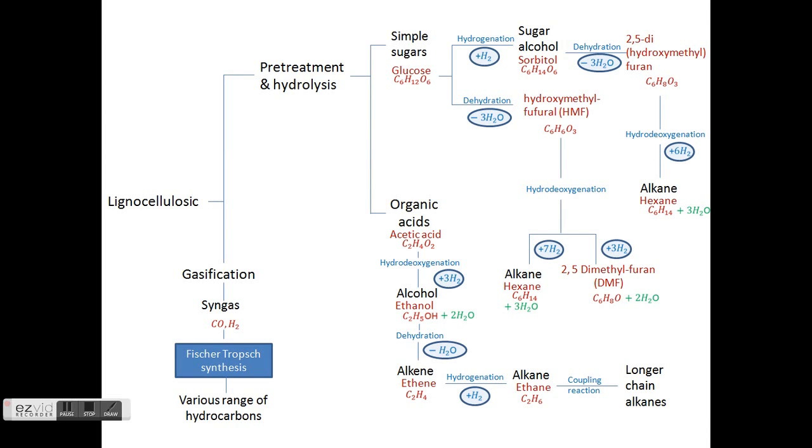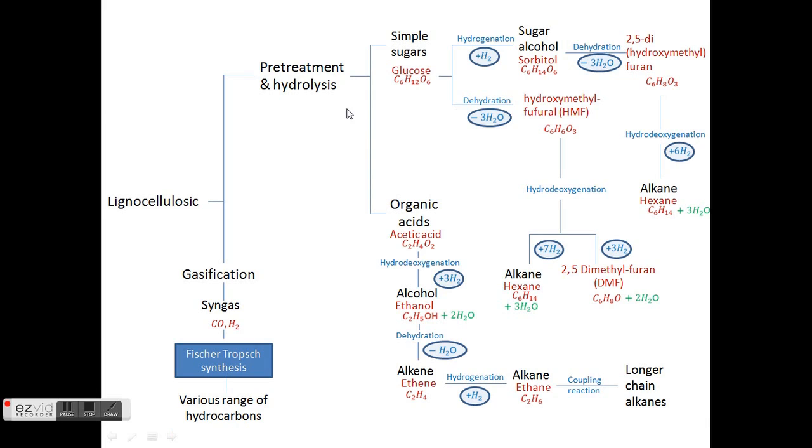So I have a little flowchart here, and I've tried to look at some common ways which people have tested in lab and have tested on commercial level, demonstration level, in producing alkanes or biogasoline. So you can have two processes. You can have the biochemical process or chemical process.